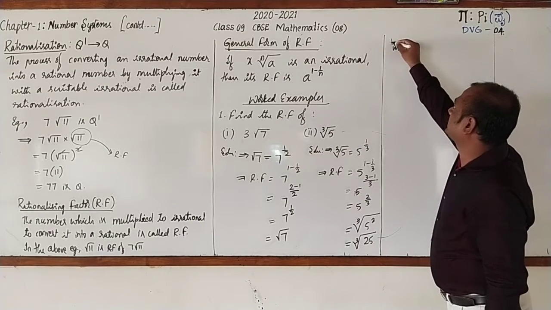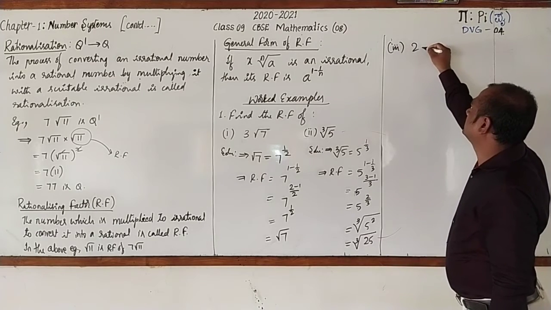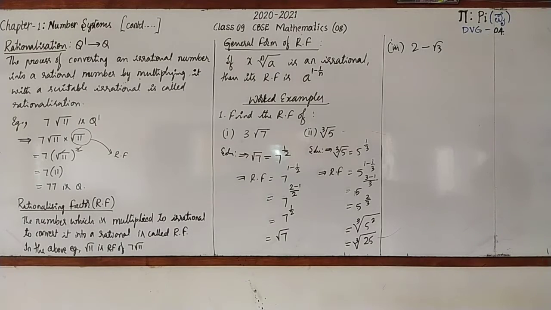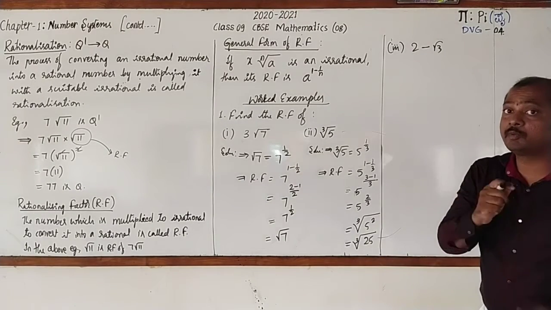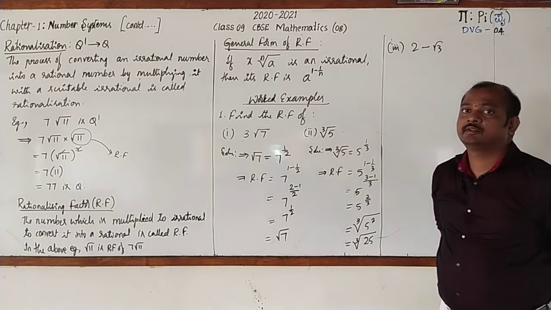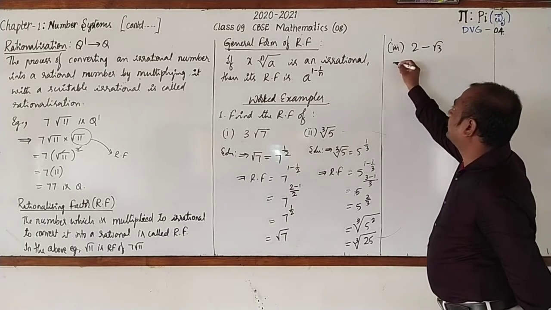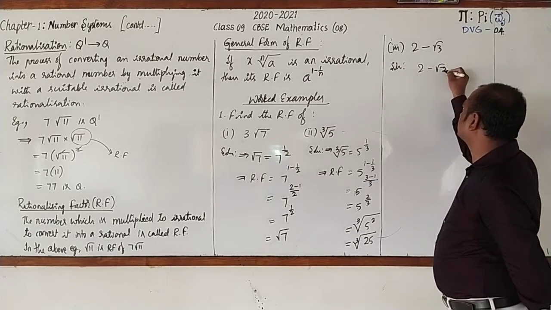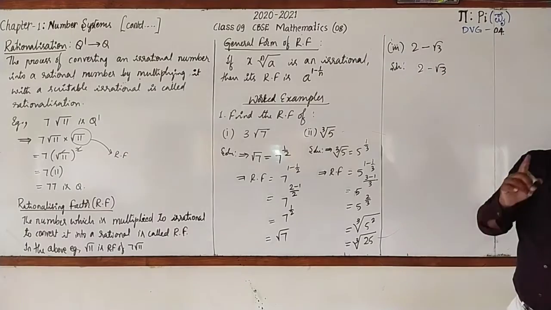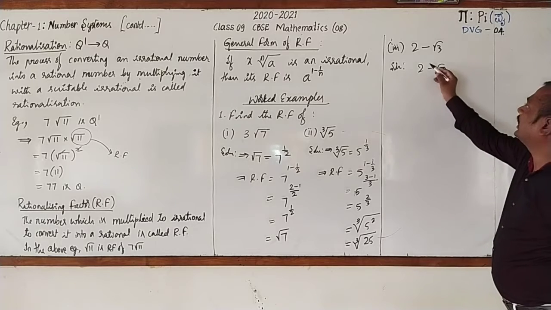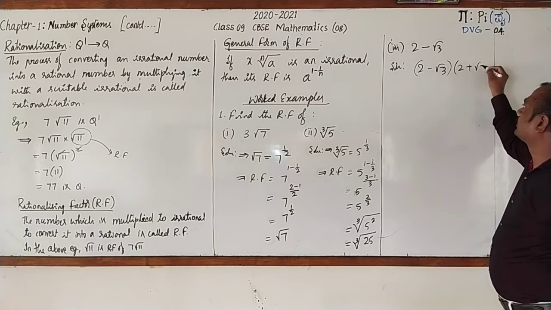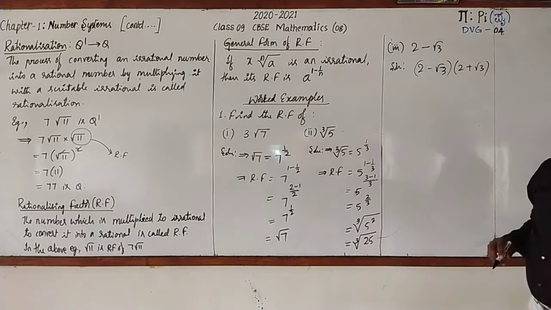I'll take a simple example. 2 minus root 3 is there. Then what is it? It is an irrational number. Then what about its rationalizing factor? Now you tell what should be multiplied with 2 minus root 3 to get rational number. I am going to take 2 plus root 3 as the rationalizing factor.